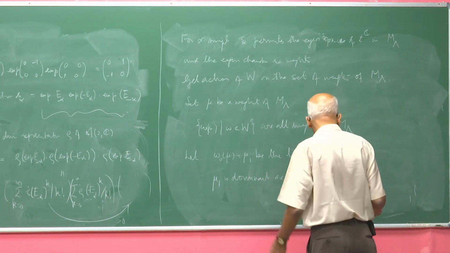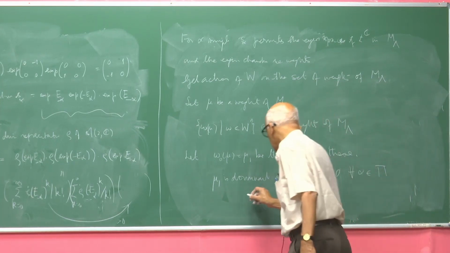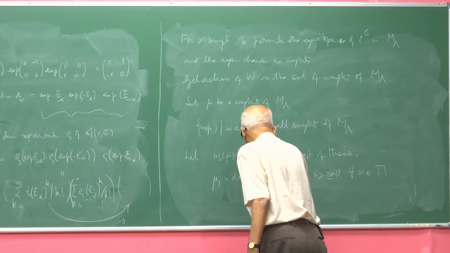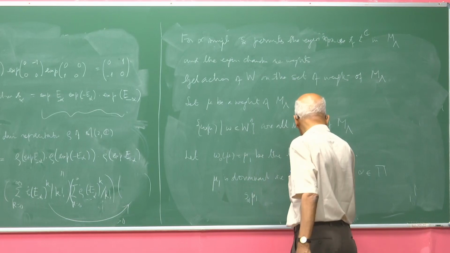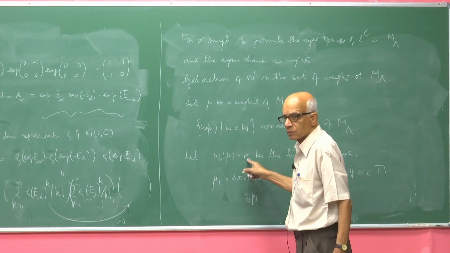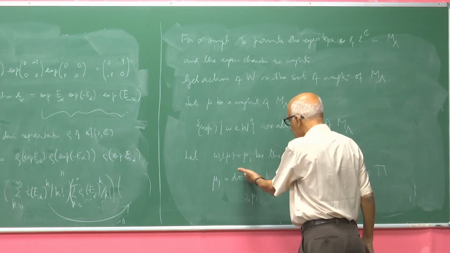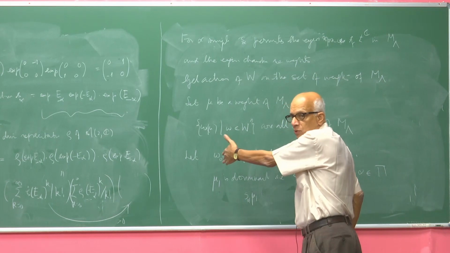It is of course already integral for every alpha in pi. Why is this? Because if you look at S alpha mu 1, this is one of these weights, because mu 1 is W naught mu, so S alpha mu 1 is S alpha W naught mu, some other Weyl group transform of mu.